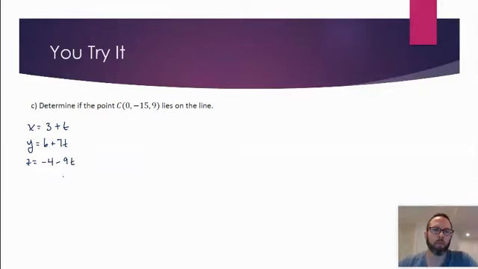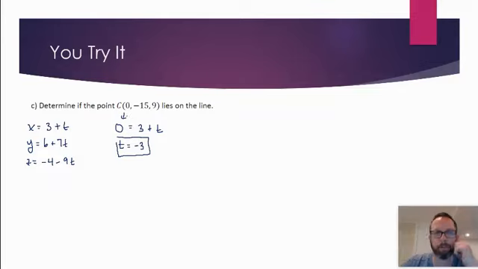Okay. So to start off, I'm going to see what value for t gives me an x value of 0, right? And that's an easy one to solve. t equals minus 3. Now I'm going to give you an alternative to the solution we did last day. If that point is on the line, I need t to be minus 3 in order to get the x value of 0.